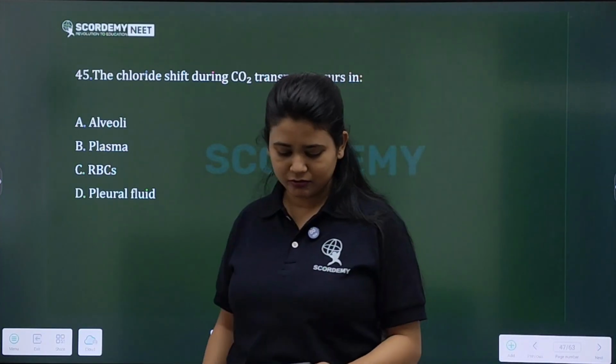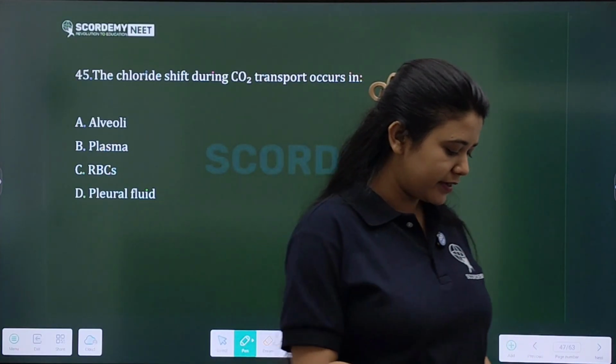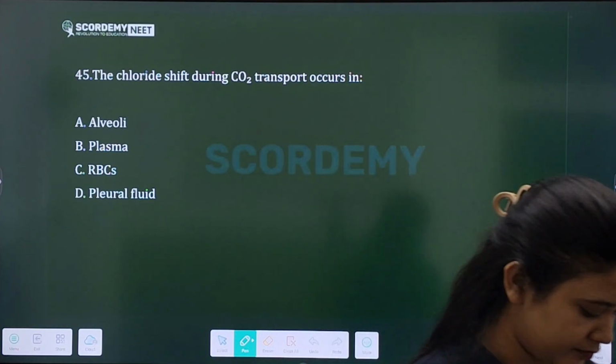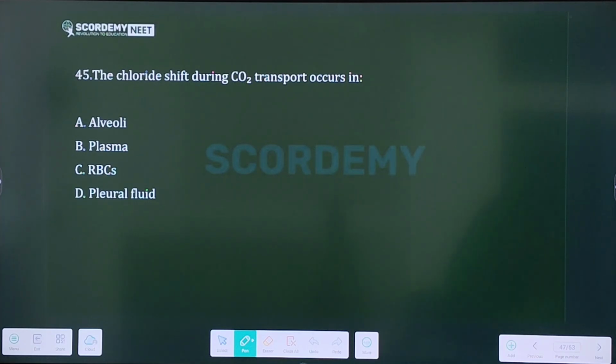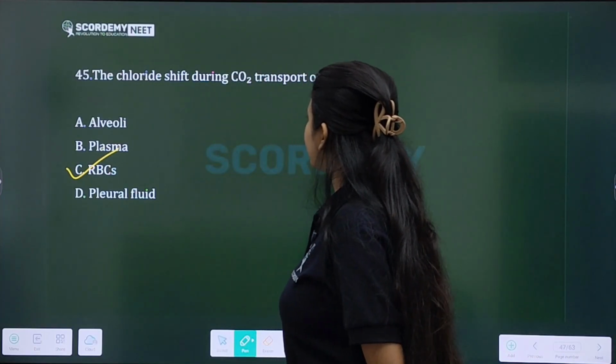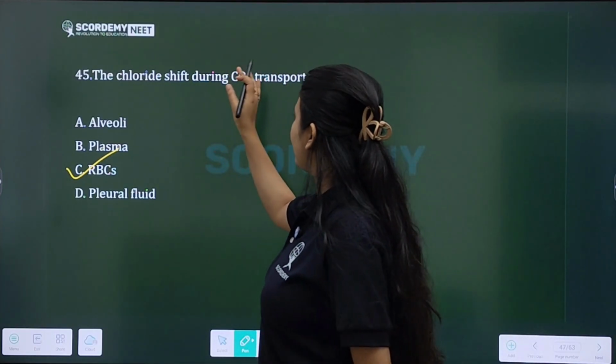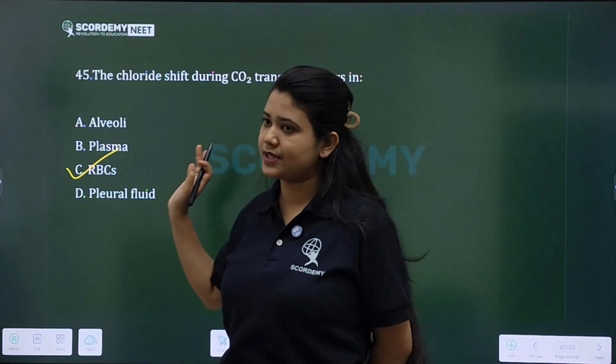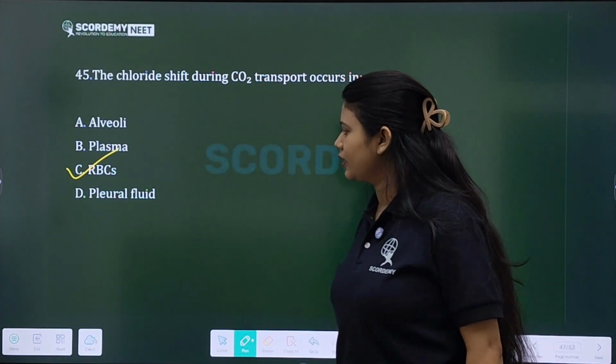Okay, solve it. So this answer is your RBCs. The chloride shift during your carbon dioxide transport occurs in your RBCs. Okay, all right.